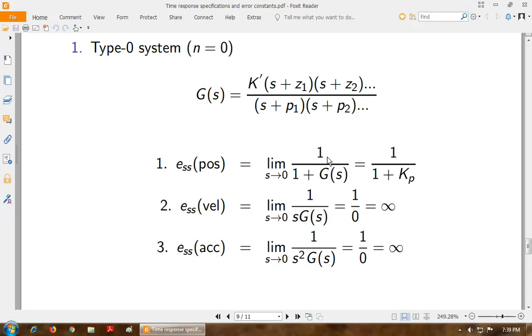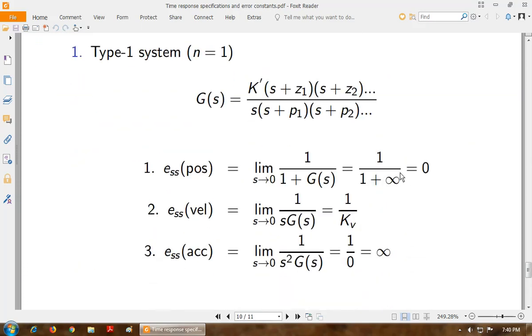So it is observed that for type 0 system there is a specific value of steady state error for position, but the velocity steady state error and acceleration error are both infinite. It is the only one that is non-zero or non-infinite, and that depends on the value of Kp. So it is called the position error constant.